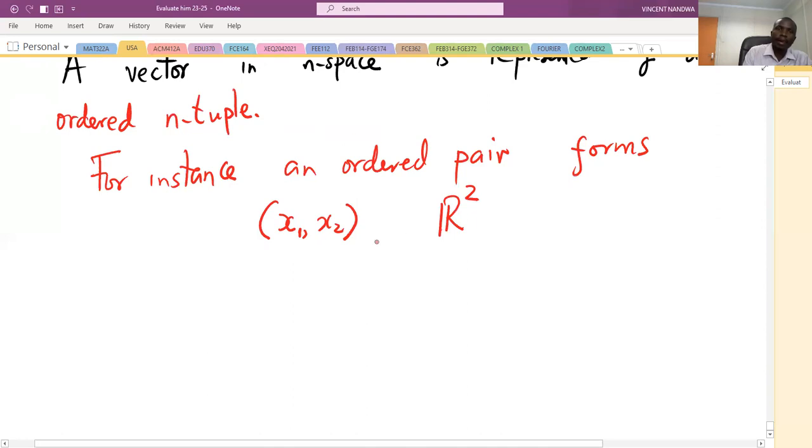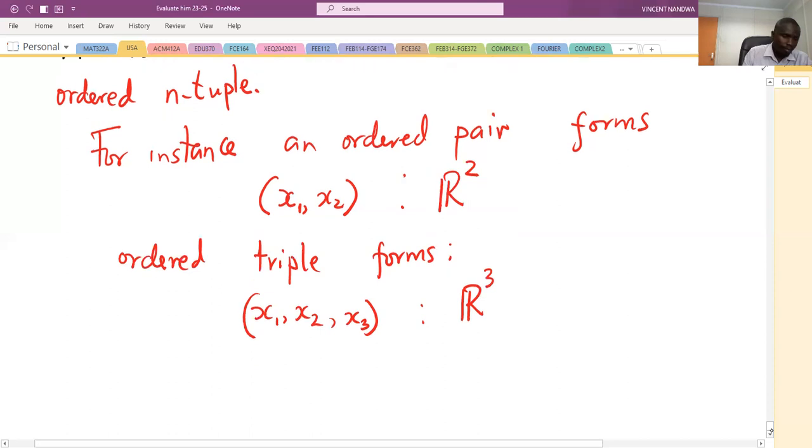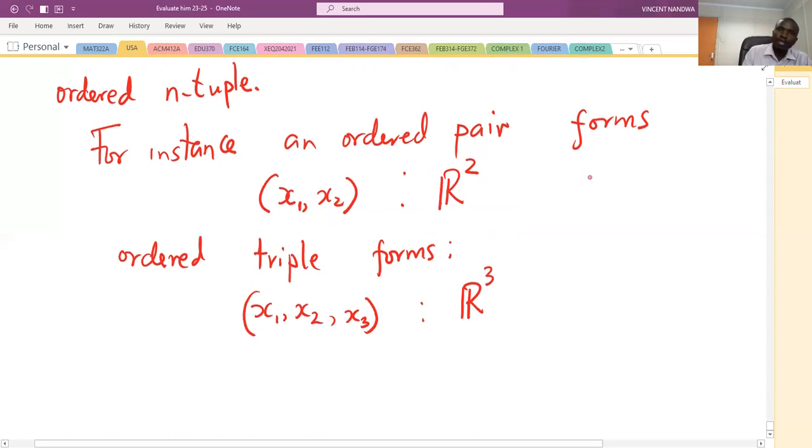And then an ordered triple forms vectors of the form x1, x2, x3, called R3. So this is called sometimes 2 space, and this is called 3 space.